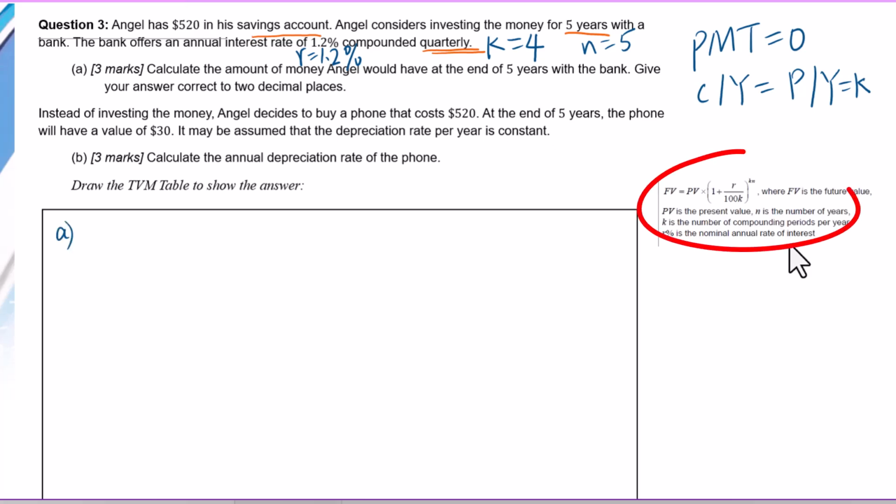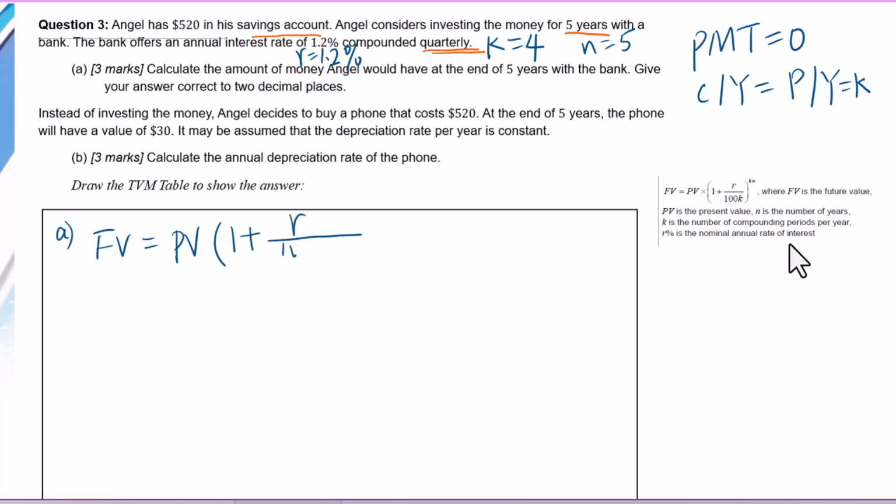I will show you how to use this formula to solve question A. Future value equals present value times 1 plus R over 100 times K to the power of K times N. Then we just need to do the substitution. 520 is a PV, so 520 times 1 plus 1.2 over 100 times K, which is 4, to the power of 4 times 5.